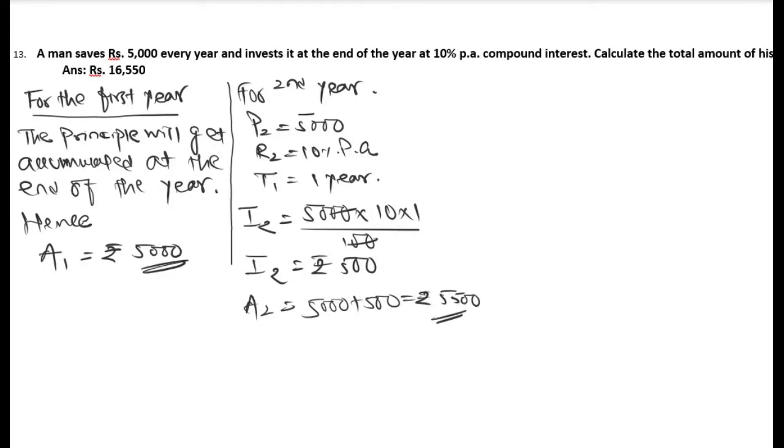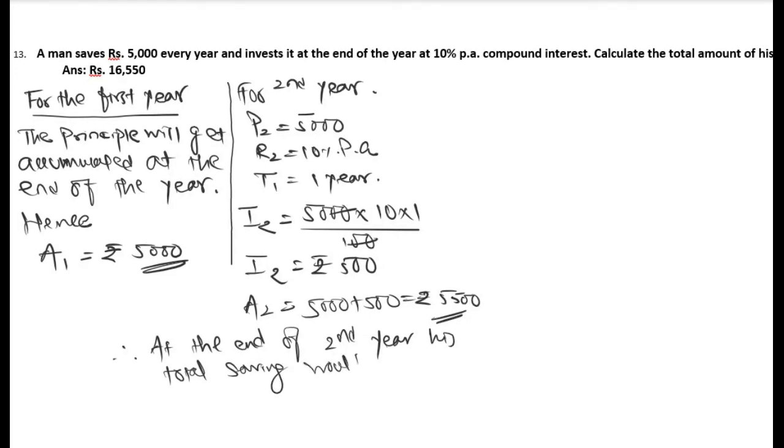But remember, he saves rupees 5,000 at the end of every year. So at the end of second year also he will save rupees 5,000. Therefore, at the end of second year, his total savings would be rupees 5,500 plus 5,000, that is rupees 10,500.